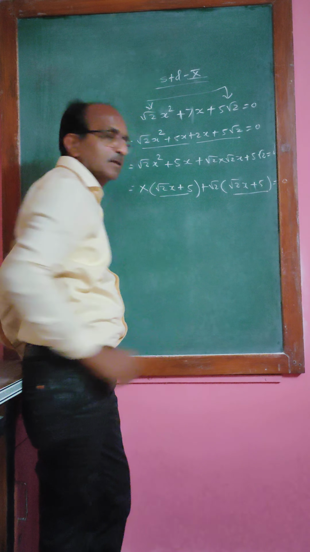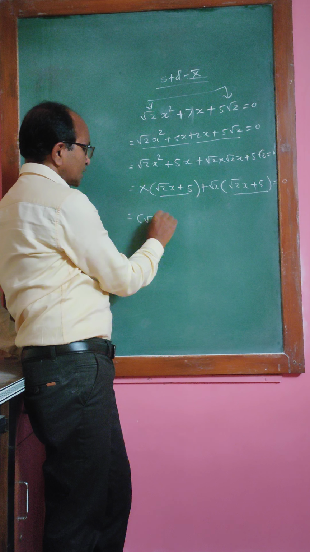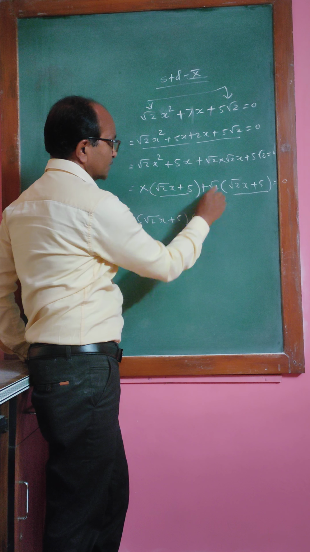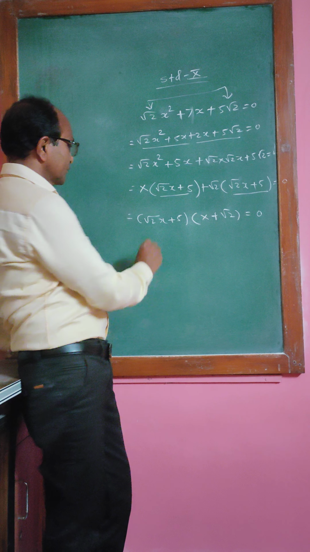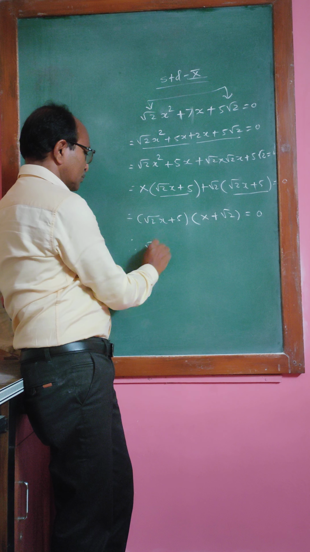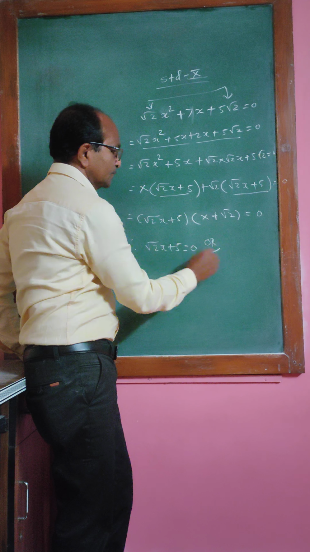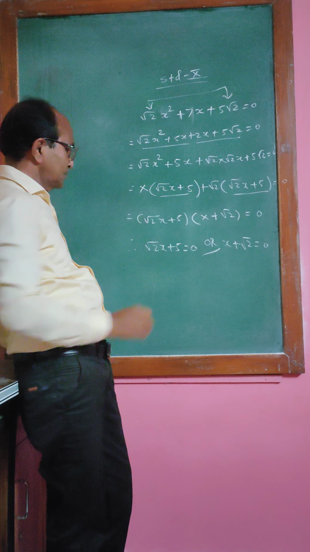This bracket is common and hence root 2x plus 5 in the first bracket, x plus root 2 in the second bracket, equal to 0. Therefore root 2x plus 5 equal to 0 or x plus root 2 equal to 0.